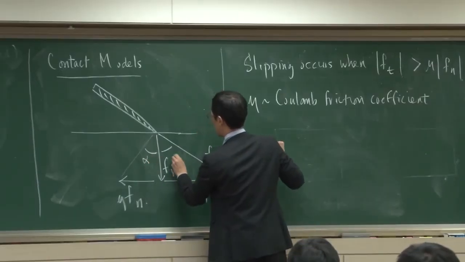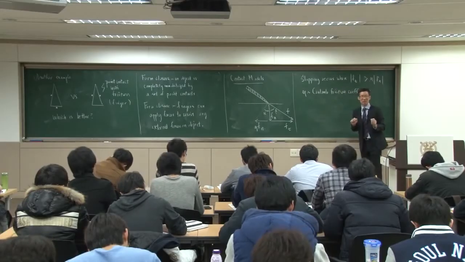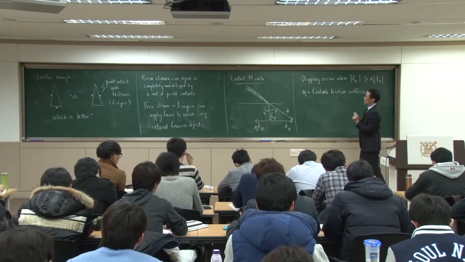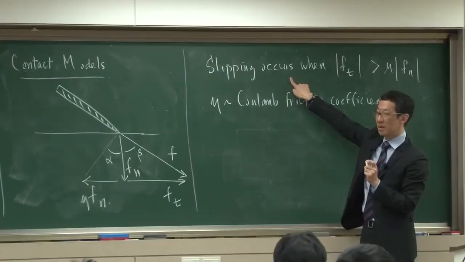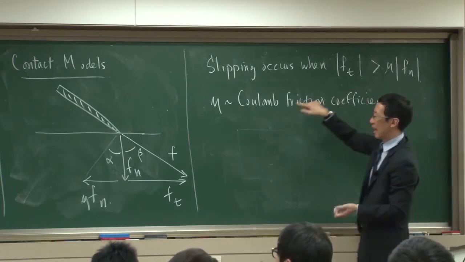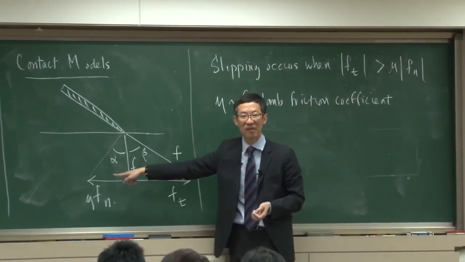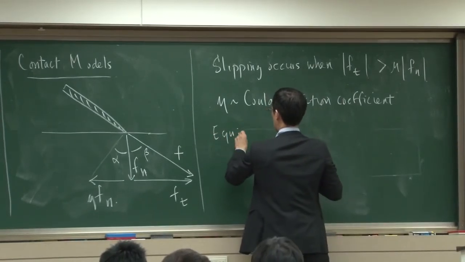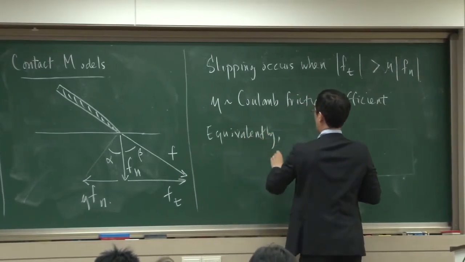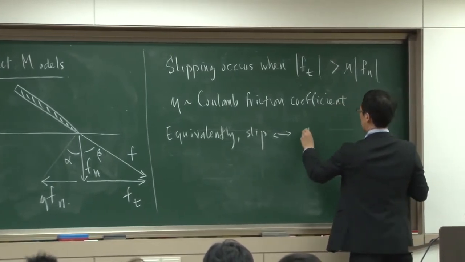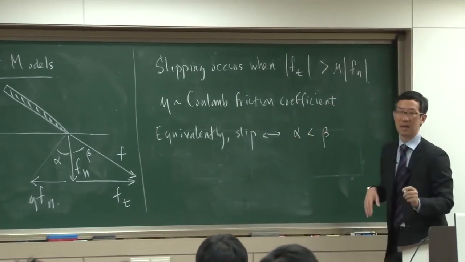Let me call these angles alpha and beta. So I have two angles, alpha and beta. It's pretty clear that slip occurring is the same as saying that the angle beta is bigger than alpha, or equivalently, alpha is less than beta.